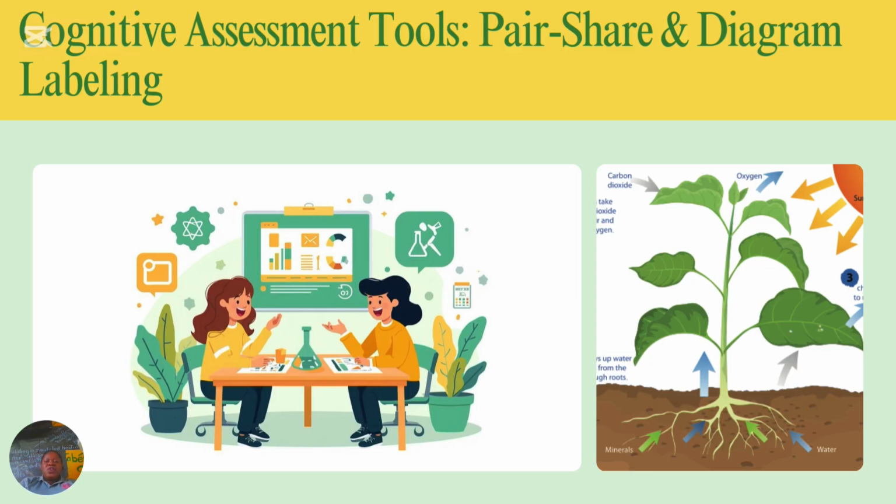We as teachers listen to the students for accuracy. The students were then asked to label a diagram showing the process of photosynthesis, or mostly the word equation.